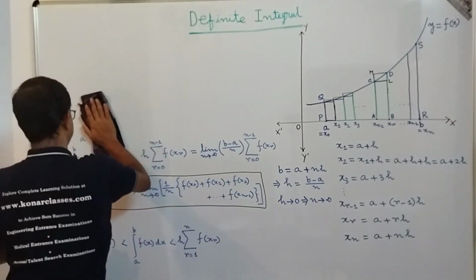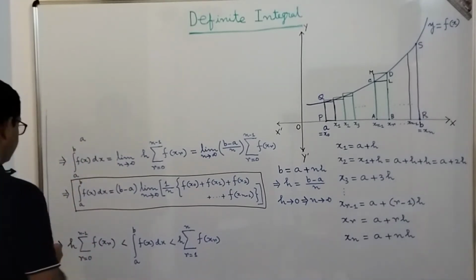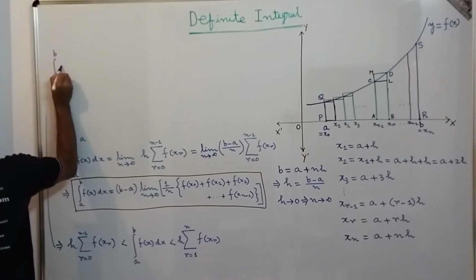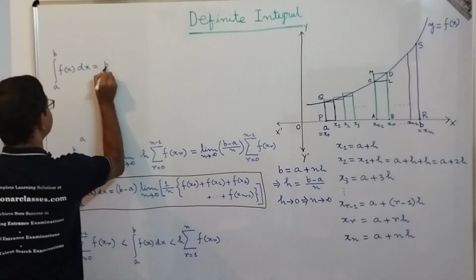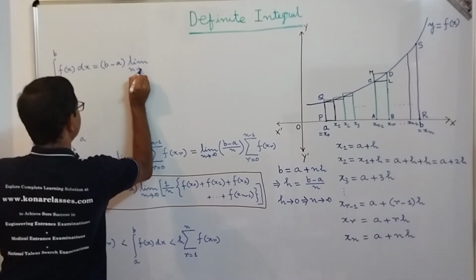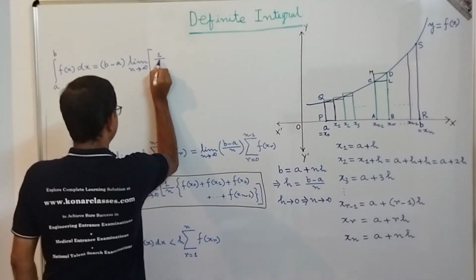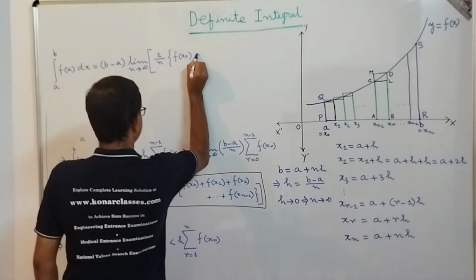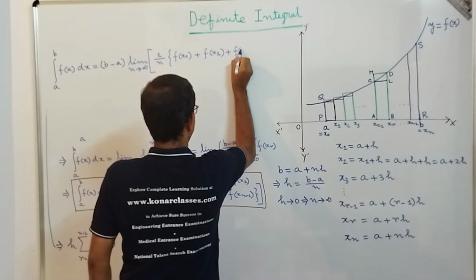So here it is. The value of the integral from a to b of f(x) dx is equal to b minus a, into the limit of n tending to infinity, of 1 by n into f(x0) plus f(x1) plus f(x2).